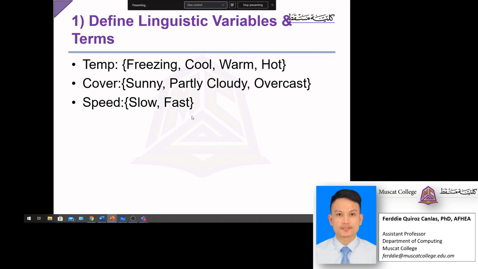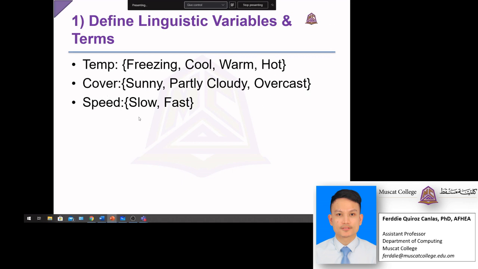How many groups for temperature? We have 4 groups, right? One is freezing, second is cool, the third is warm, and the last group is hot.